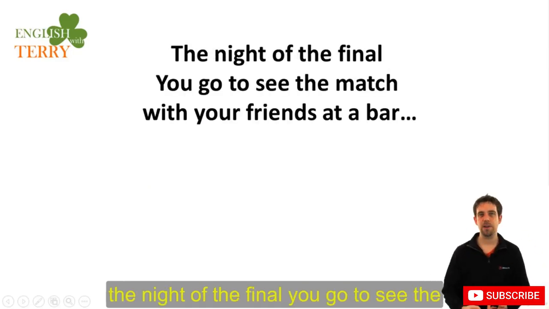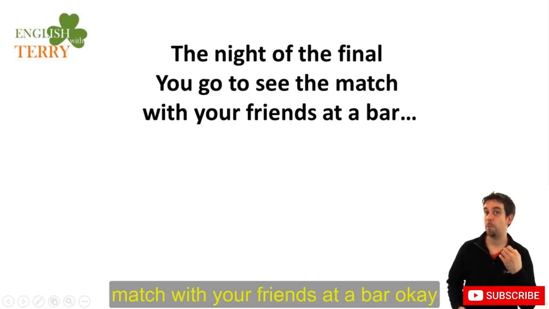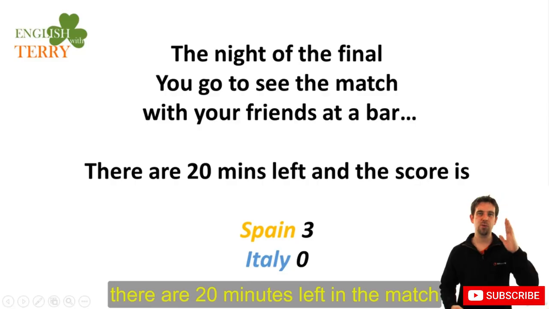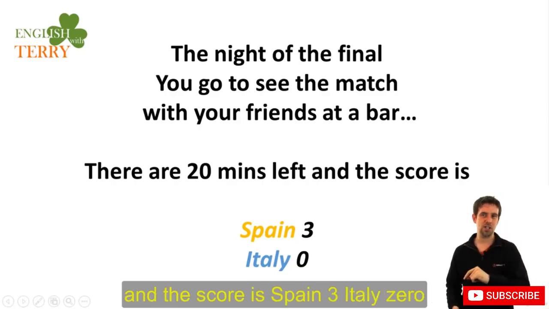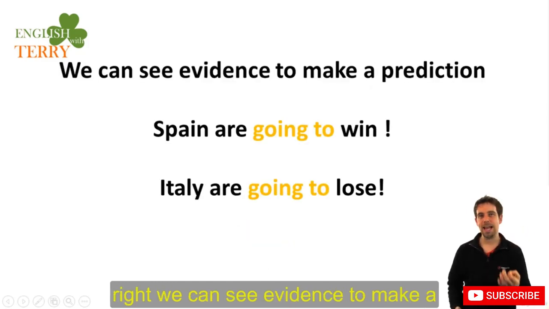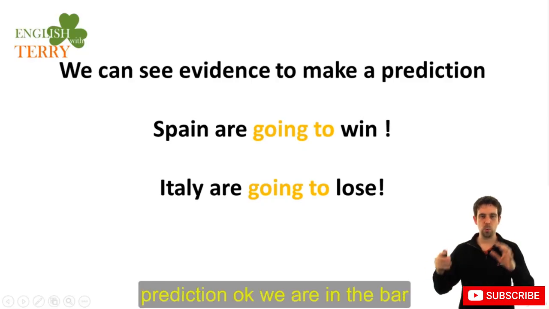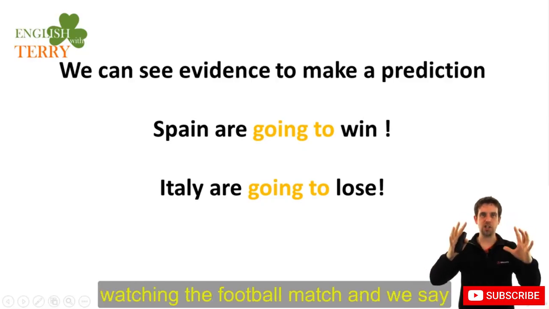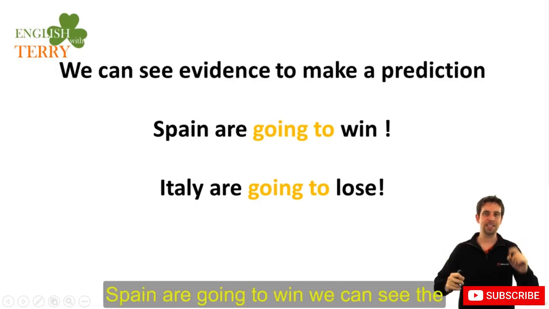So the night of the final, you go to see the match with your friends at a bar, okay? There are 20 minutes left in the match and the score is Spain 3, Italy 0, right? We can see evidence to make a prediction, okay? We are in the bar watching the football match and we say Spain are going to win.